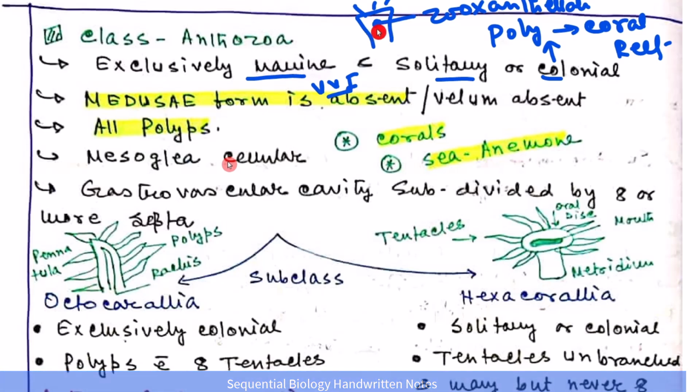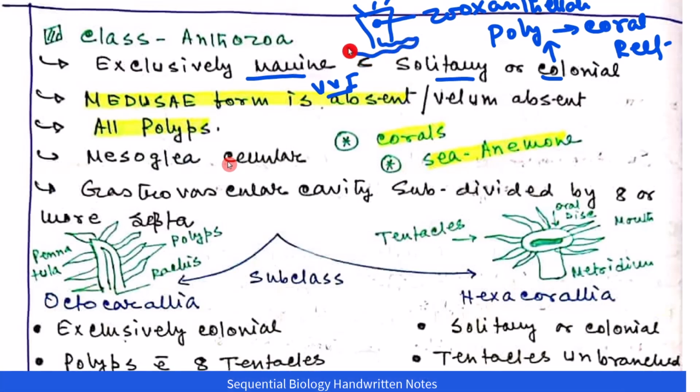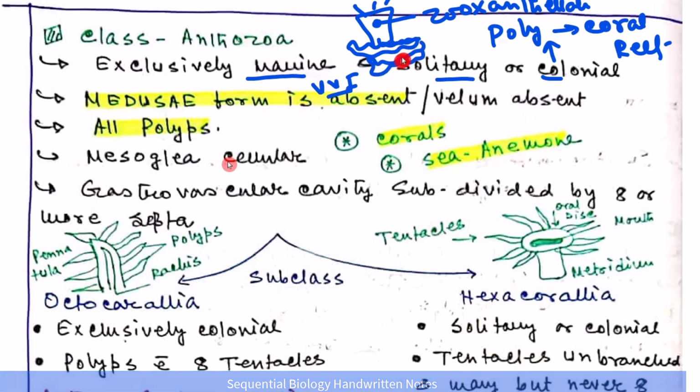This gives a beautiful color to the coral. And also this polyp absorbs calcium from zooxanthellae and the seawater, and develops a calcium deposit, and by accumulation of calcium deposit a coral reef is developed.